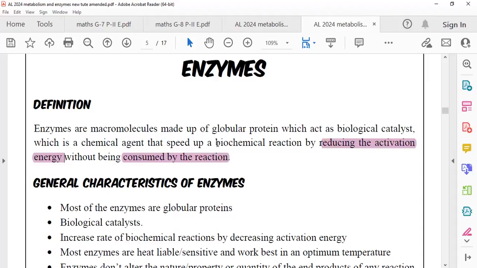Okay. Enzymes are macromolecules. You need to put this portion in brackets: made up of globular proteins. Put the brackets between them.